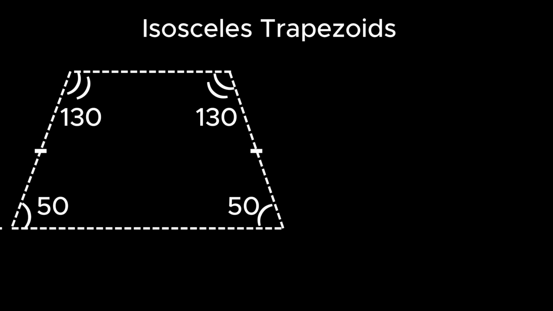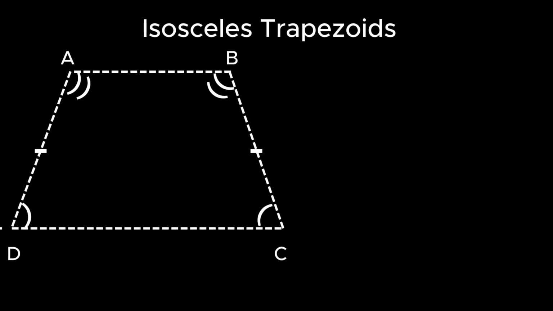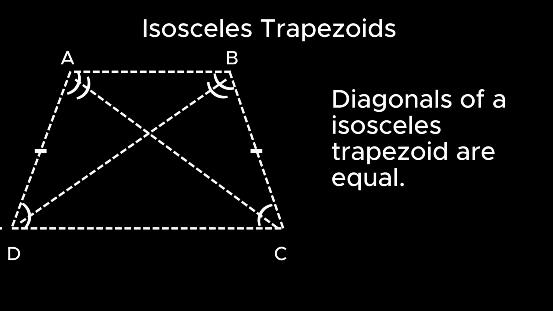And since the bottom angles are equal, the top angles must be equal as well. Also, the diagonals of isosceles trapezoids are equal. So let's say this is trapezoid ABCD, and we draw a line from A to C and a line from B to D. Those lines are going to be equal in length.